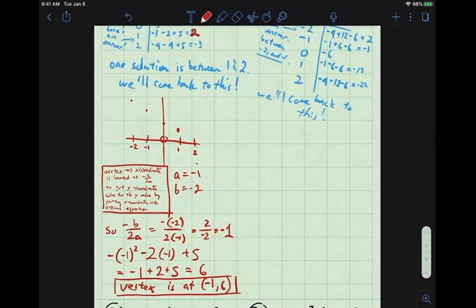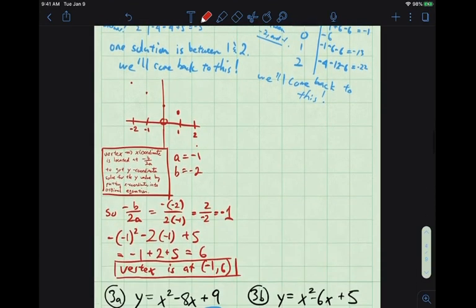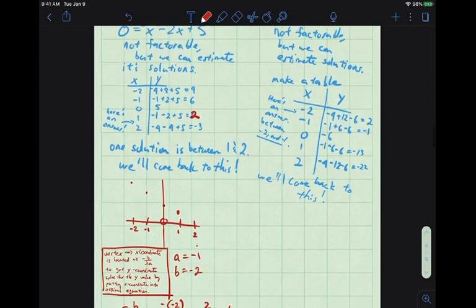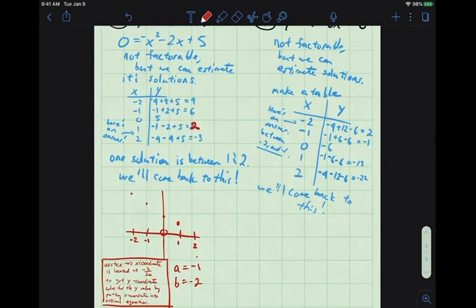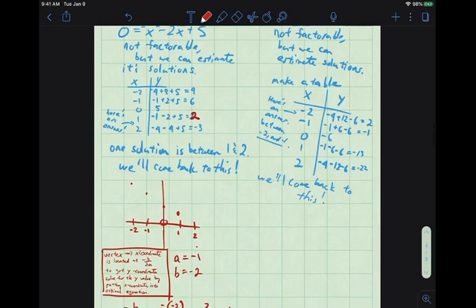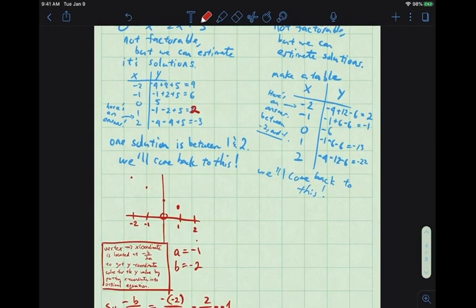So for our graph, why do I think this graph is so off? It opens downwards, but my plot doesn't show that. Let's try this once more. Let's be more precise. So here are my x and y axes.